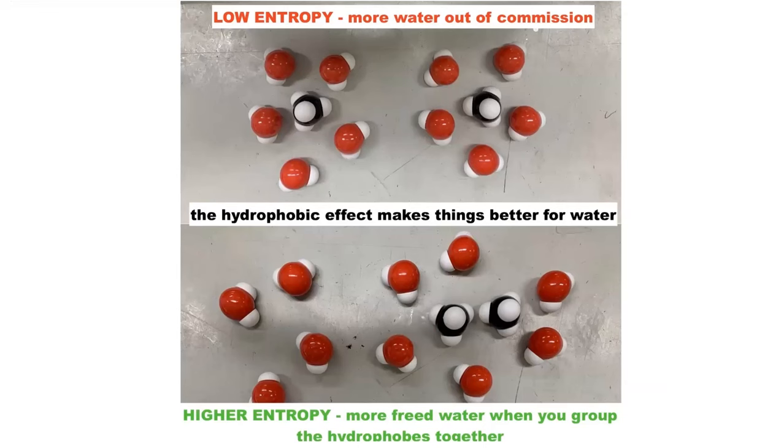If, however, the water molecules join together those hydrophobic things, so they push those nucleobases together, this is going to free up water that would have been tied up, leading to an increase in entropy and energetic favorability.